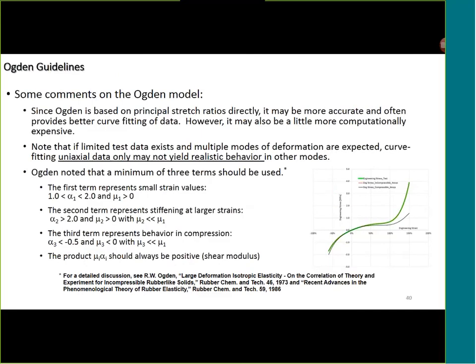Since the principal stretches are directly used instead of the invariants, the curve fit becomes more accurate and it provides a better curve fit for a given stress strain curve, rather than using a strain energy potential which is in the form of I. Here it is directly in the form of stretches. Again, one limitation is that if you have only limited stress strain data, then this may not work well.